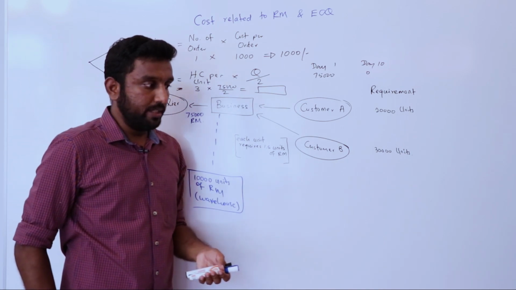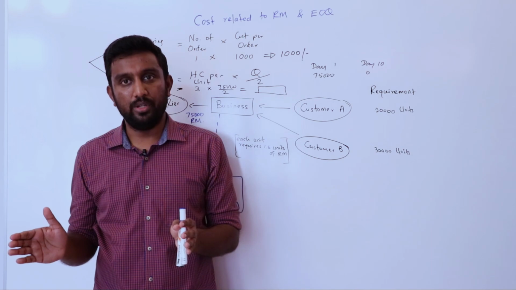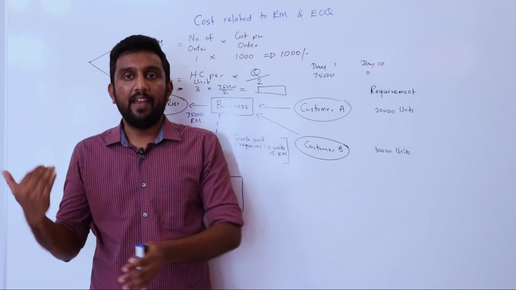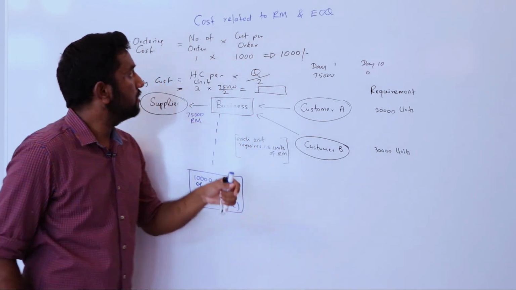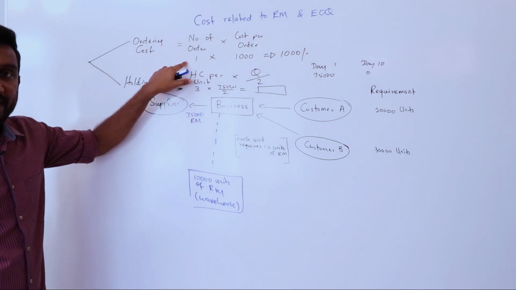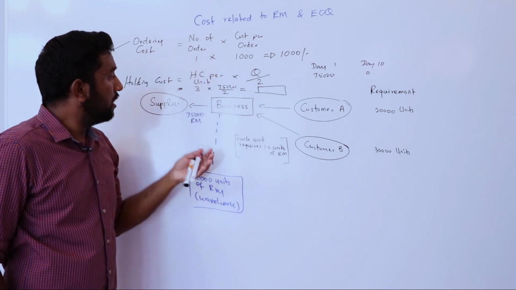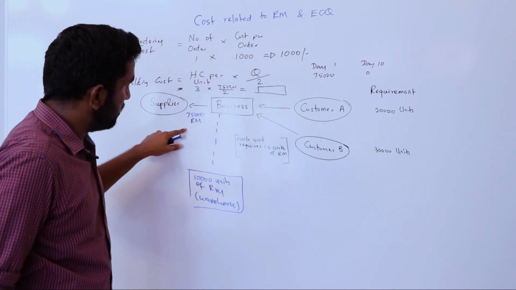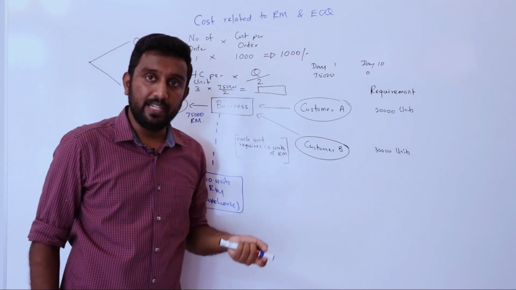So what they will do is split this entire 75,000 units into slots and make the orders. So now what will happen? If that happens, the number of orders will increase. Maybe if they split these 75,000 into 10, the number of orders will be 10.